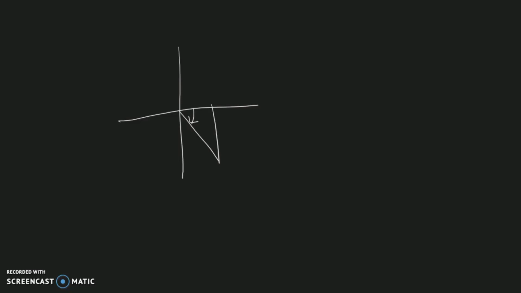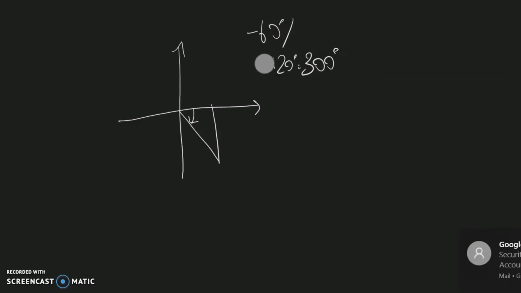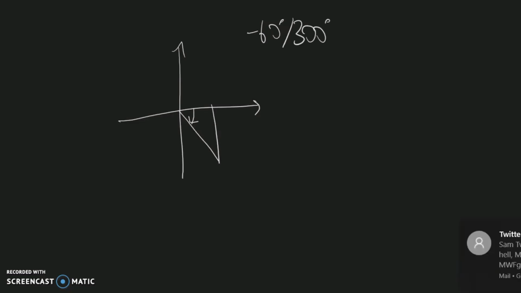The angle can either be minus 60 degrees because it's in quadrant 4, or it can be 180 plus 120 degrees, which is 300 degrees.